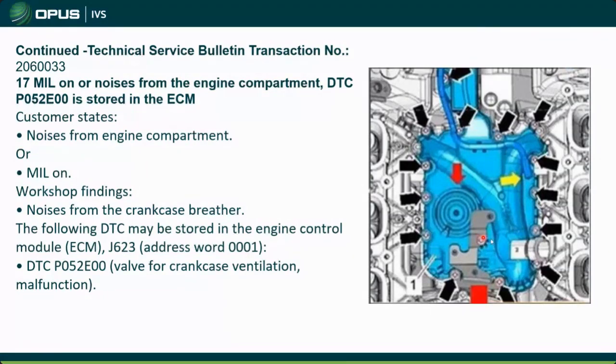You're definitely going to want to check your TSBs and make sure that you check them each time. Because very often they will update these TSBs with newer part numbers or newer instructions, and so if you have a TSB that's 2 or 3 years old, you may want to give us a call, put in a ticket, and see if we can get you the latest and greatest, because they do change things or they add stuff.